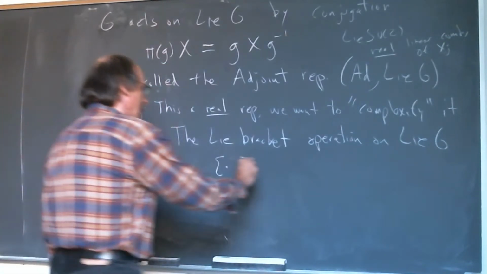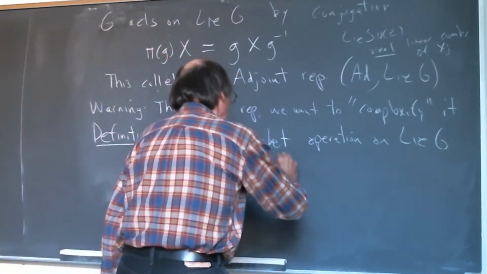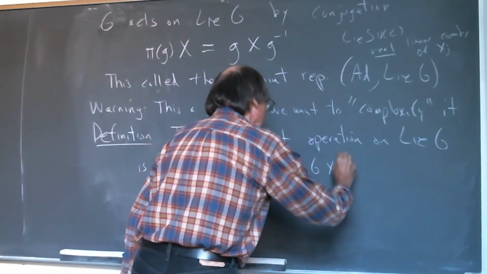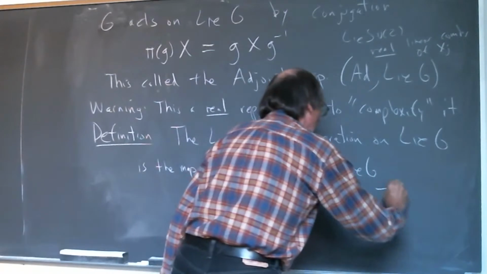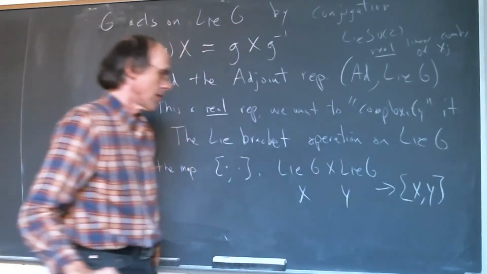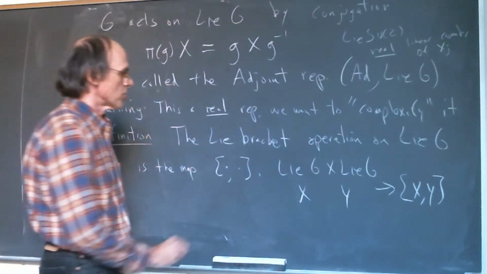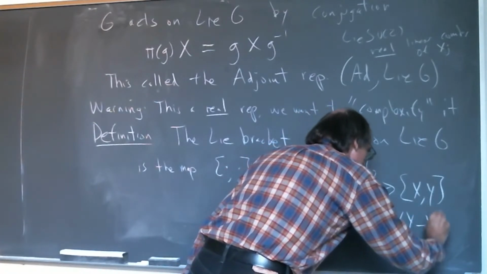So it's the thing that takes Lie G cross Lie G, and X and Y goes to the bracket of X, Y. And this is just XY minus YX.